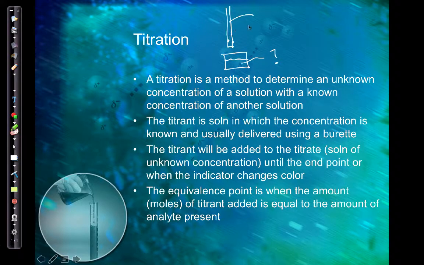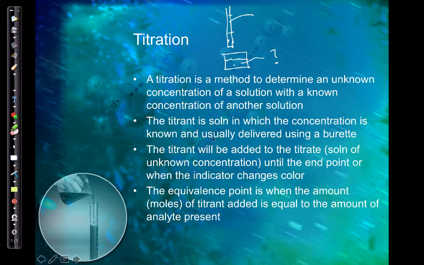Then you'll have the volume of how much you added of whatever was in the burette. You have the molarity, and you also know the volume of the analyte you started with. You don't know how many moles are in that, but you can use the chemical reaction to figure out how many moles you reacted in this titration.